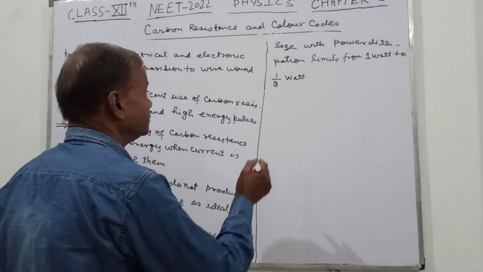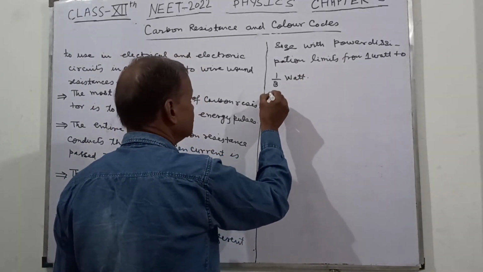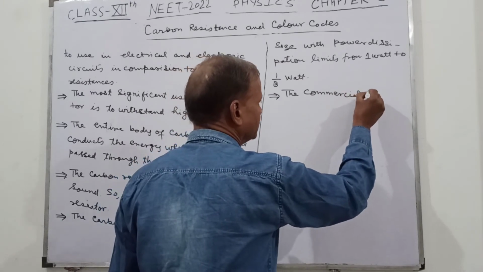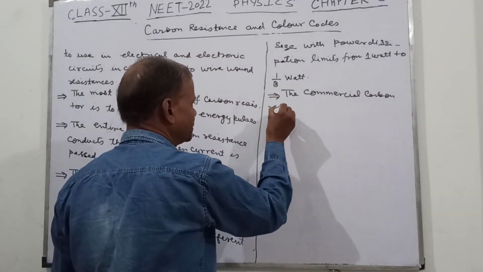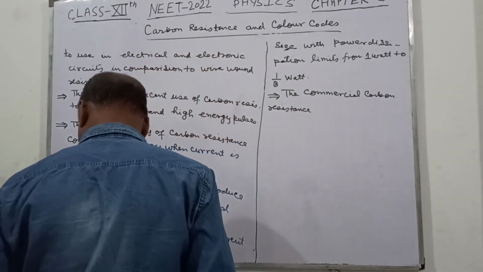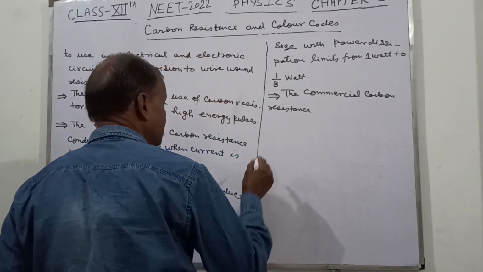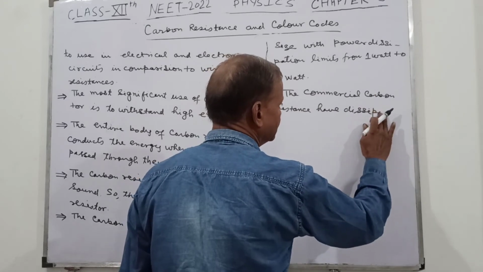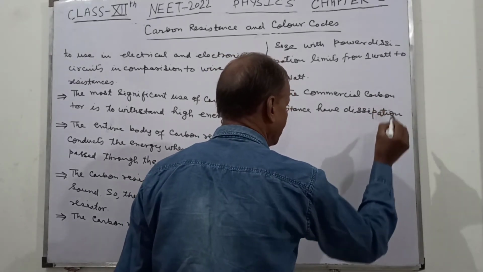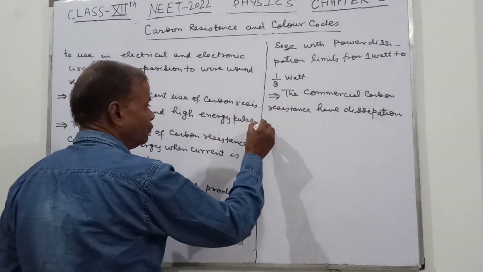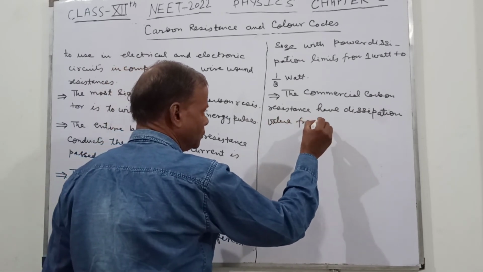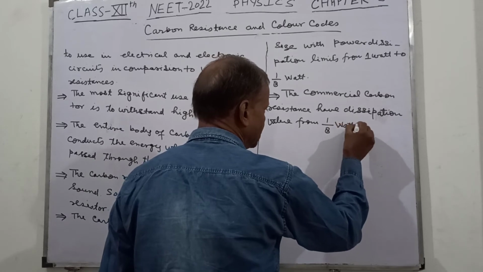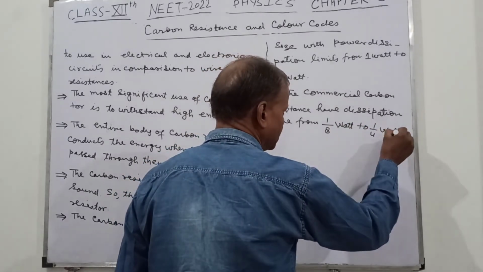The commercial carbon resistance has dissipation values from 1/8 watt to 1/4 watt.